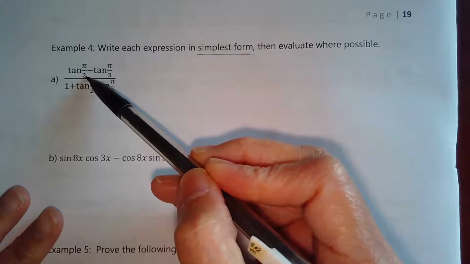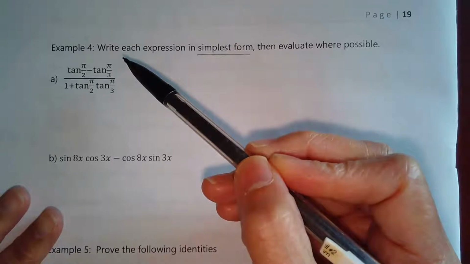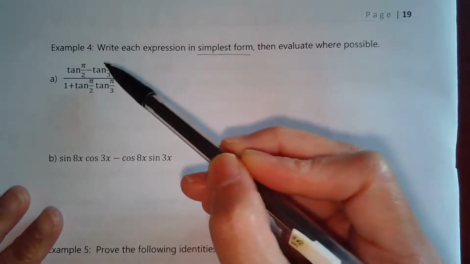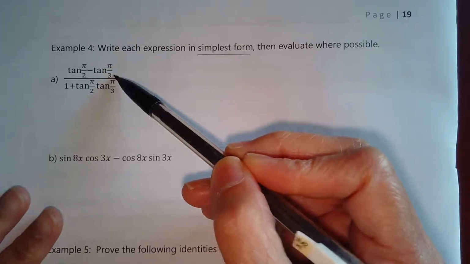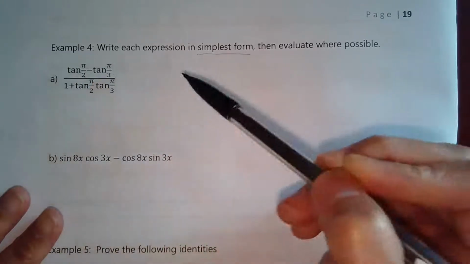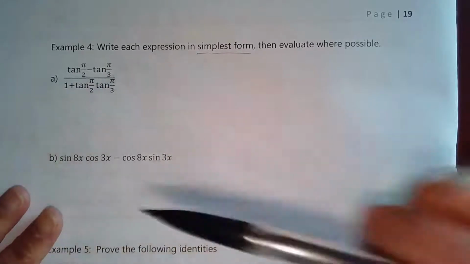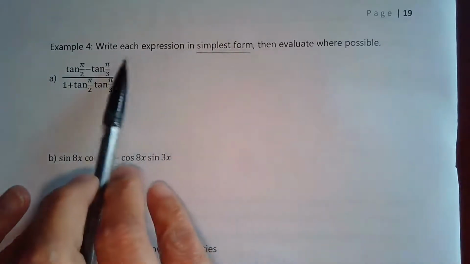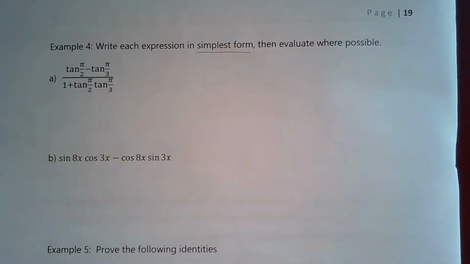We know what tan of pi by 2 is, and we know minus tan pi by 3, we could figure that out. Technically we could evaluate this the way it is because these are special angles. But it says here, write it in simplest form and then evaluate.